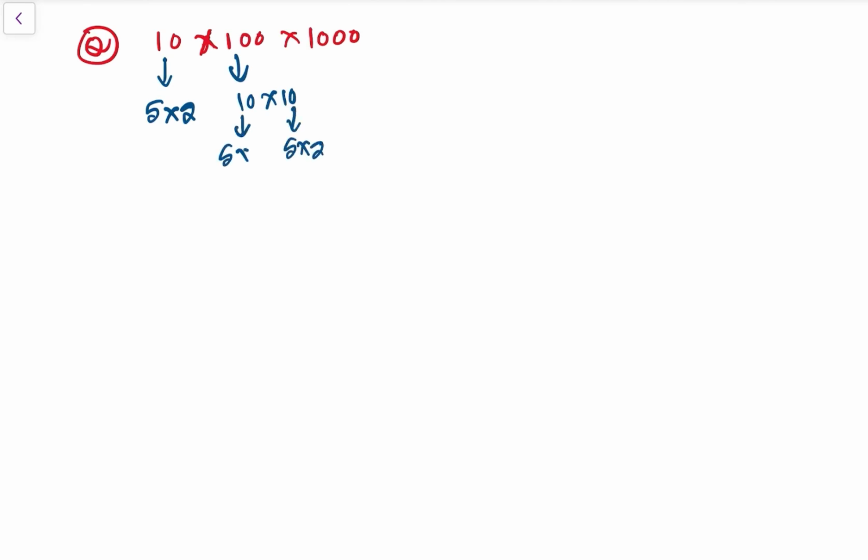Then when we are multiplying, what happens? Like 10 into 100 into 1000. How many zeros towards the end? The normal method to calculate this is 5 into 2. Similarly 10 into 10 is 5 into 2 and 5 into 2. Similarly here 100 is 10 into 10, so 5 into 2 here and 5 into 2 here.